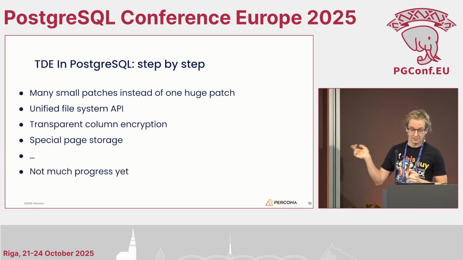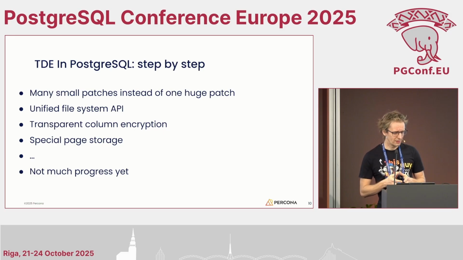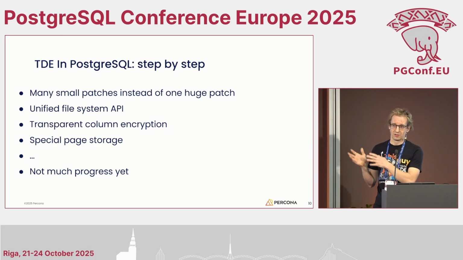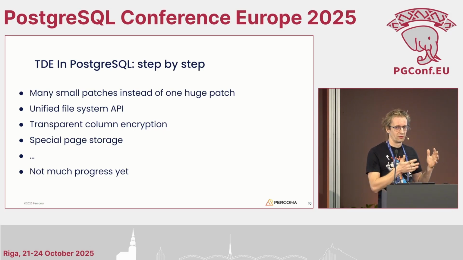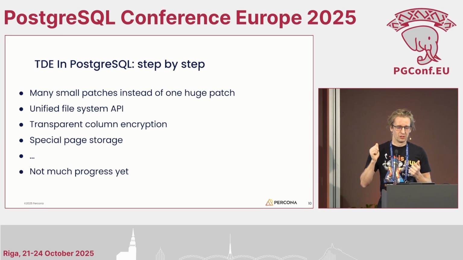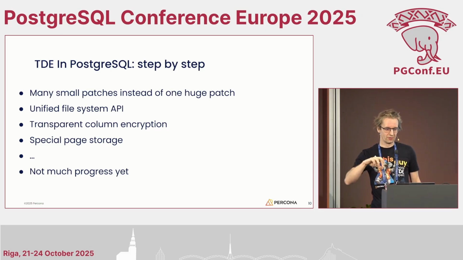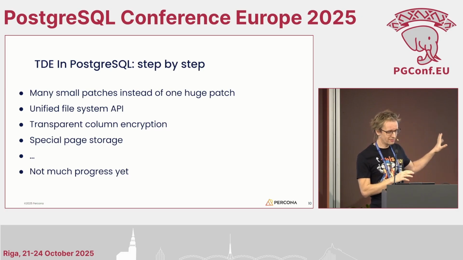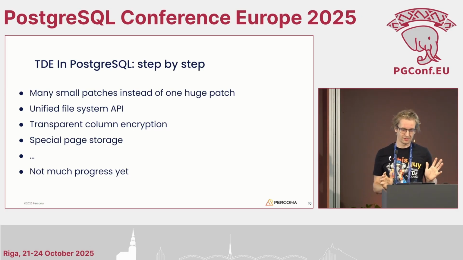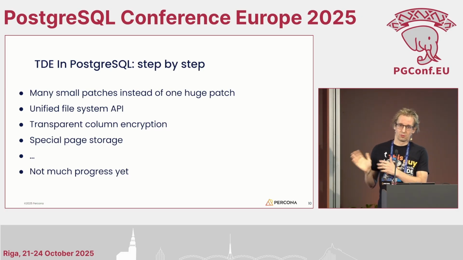Like there are discussions about a unified file system API, or about transparent column encryption, or special page storage where we could store additional metadata for the database pages and so on. These are just 3 examples. There are more discussions, but even these progress slowly.